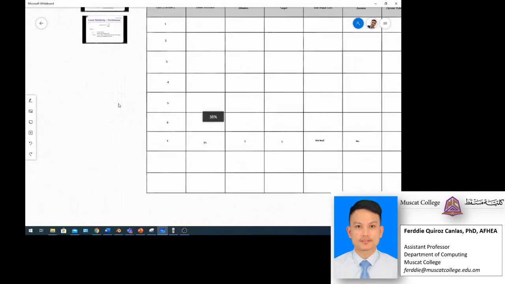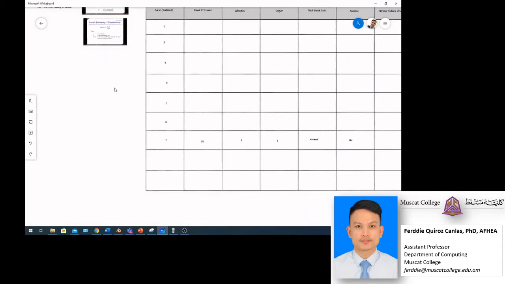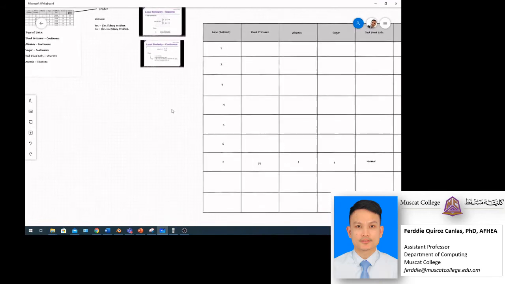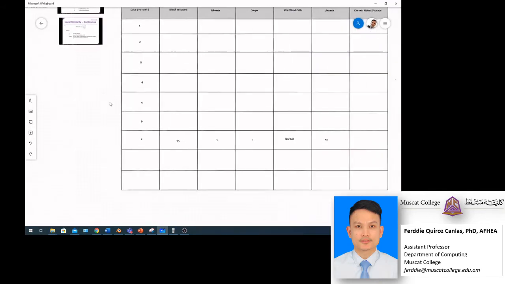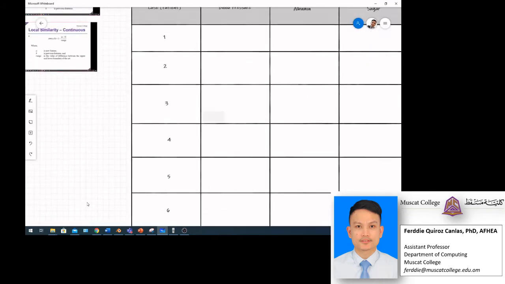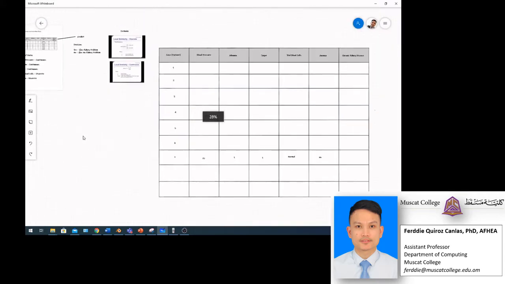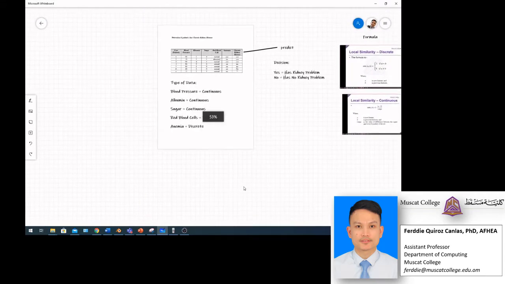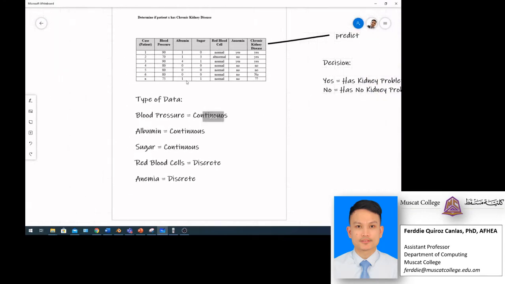So let us see the value here. For this, let's try to calculate for blood pressure. So what's the blood pressure of the first case? 90, right?